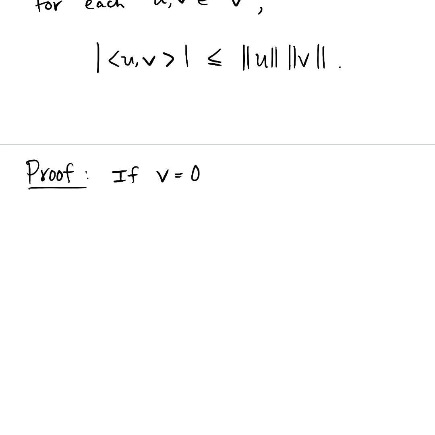If v happens to be the zero vector, then we're done before we start, because both sides of the inequality are 0. So let's just assume v is non-zero for the rest of it. Let u and v belong to V, with v not the zero vector.